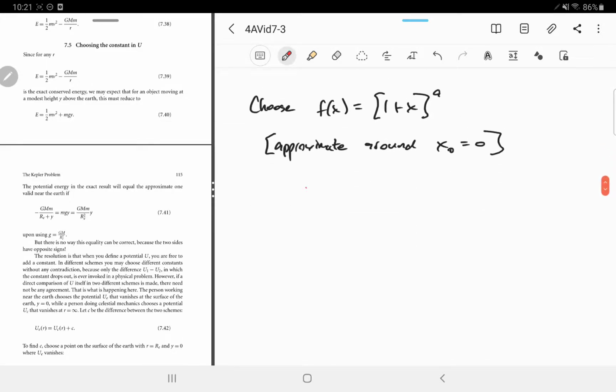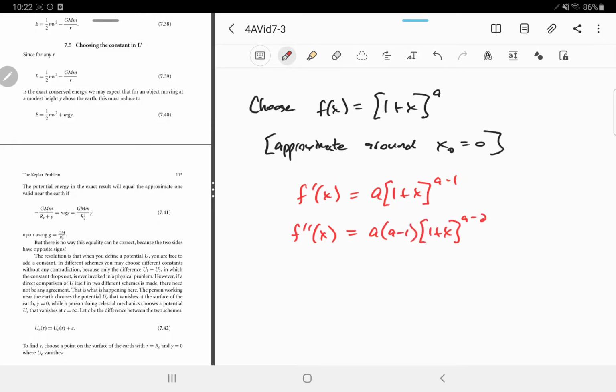So let's take some derivatives here. F prime of x is a times 1 plus x to the a minus 1. The second derivative is a times a minus 1, 1 plus x to the a minus 2. And you can imagine keep on going. And you would just get a string of like a times a minus 1 times a minus 2, etc.